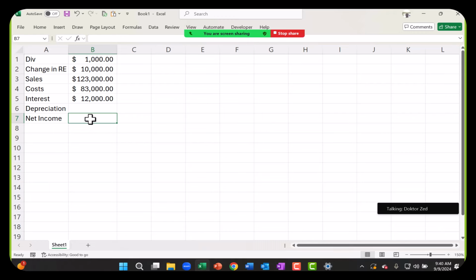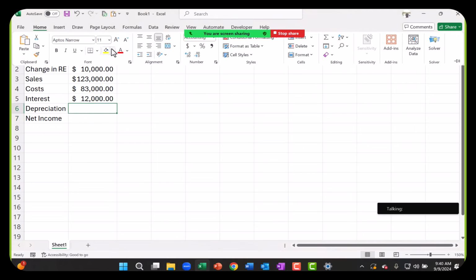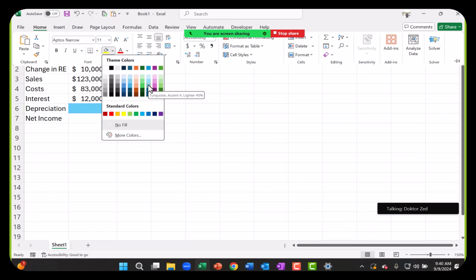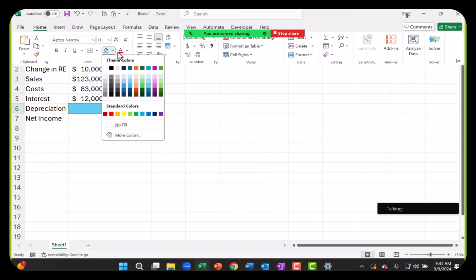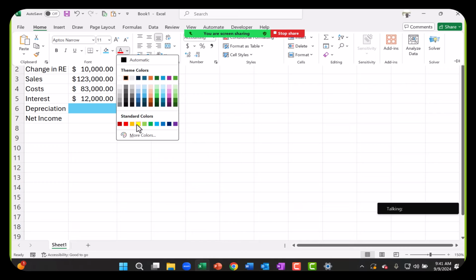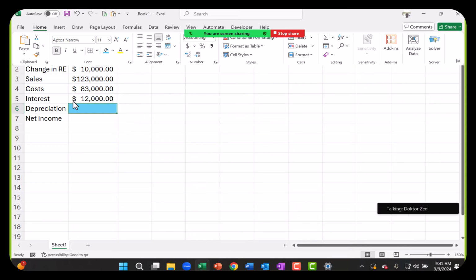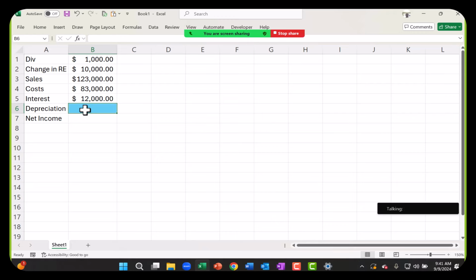Yes. So I'm going to put an arbitrary number here, and I like coloring the things I don't know as blue, yellow, bold. I'm going to put an arbitrary number, 2,500. If I knew what that was, sales minus cost minus interest minus depreciation.